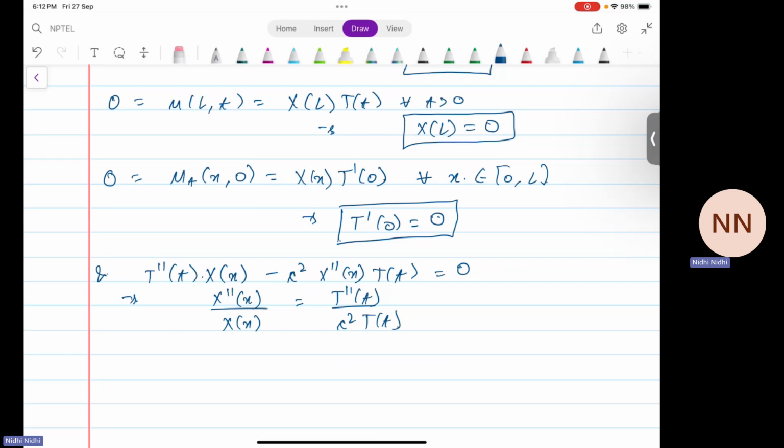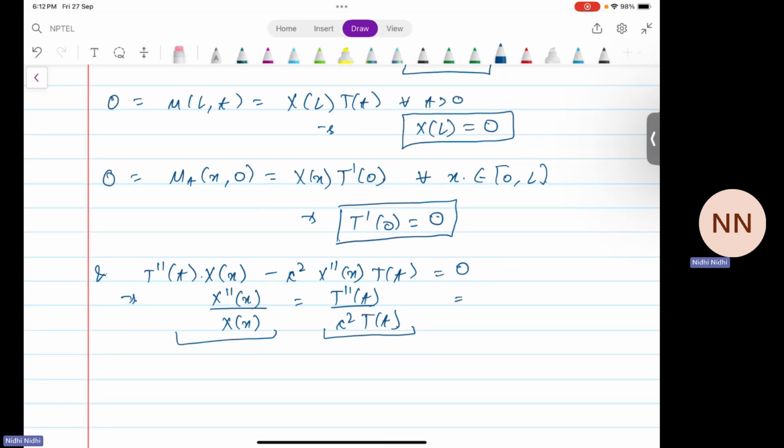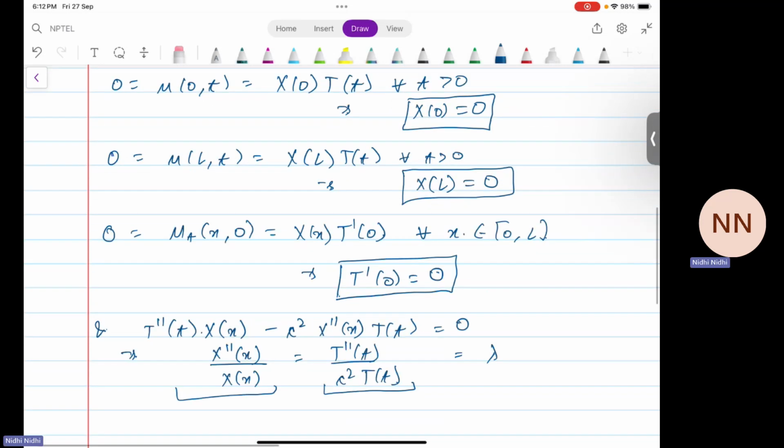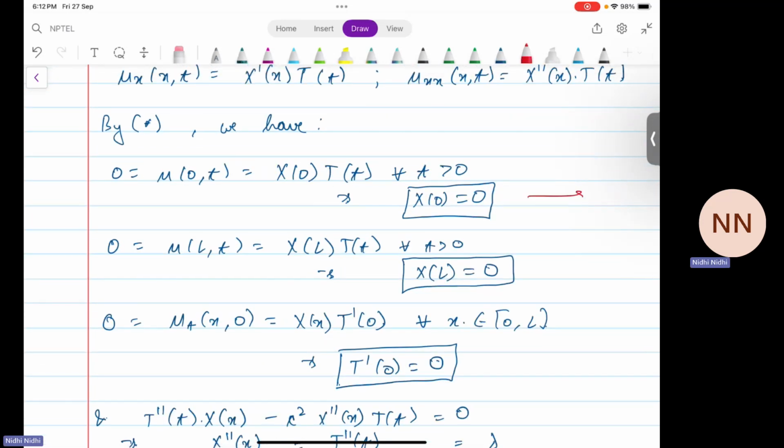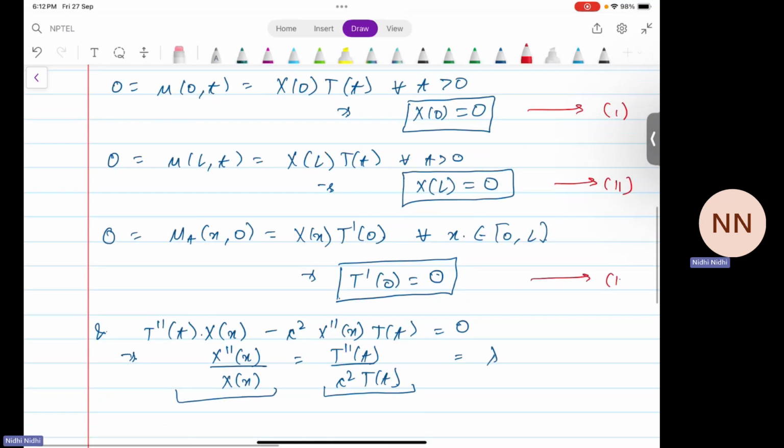Now we can see that on one side of the equation we have a function of x, whereas on the other side we have a function of t, and they both are equal. This can be possible only if it is a constant, because on either side we have two different functions depending on two different variables. They are equal for all x and for all t. That can happen only if this is equal to some constant lambda. So let's mark these as 1, 2, 3, 4.